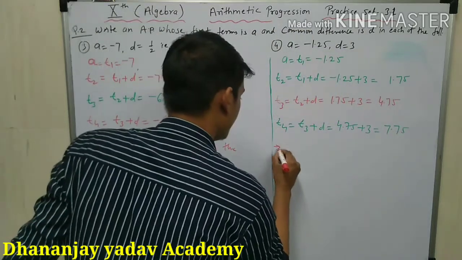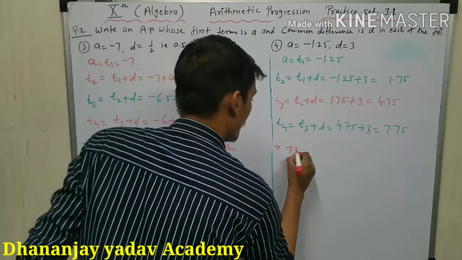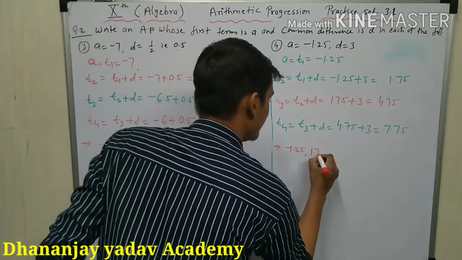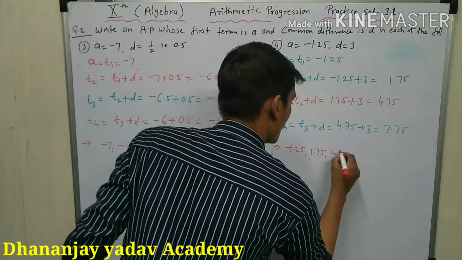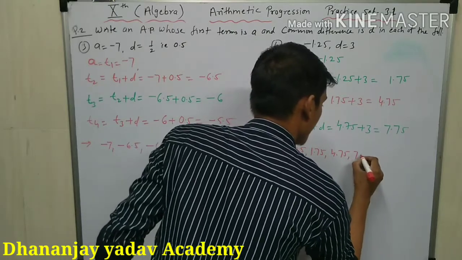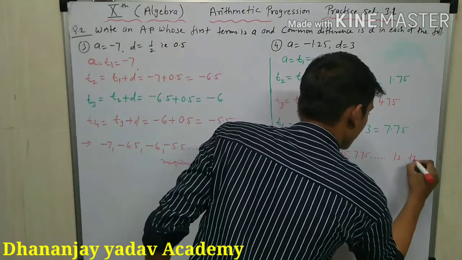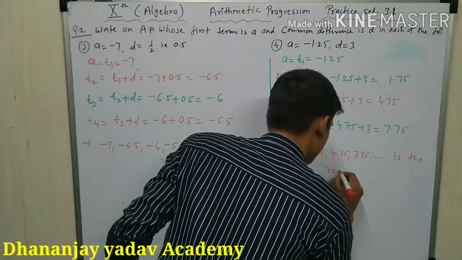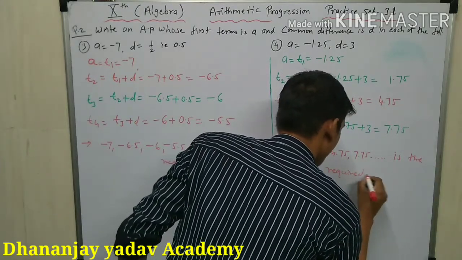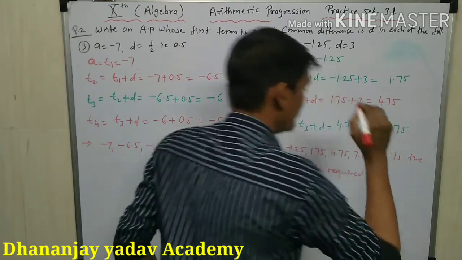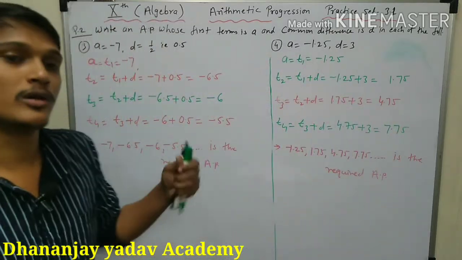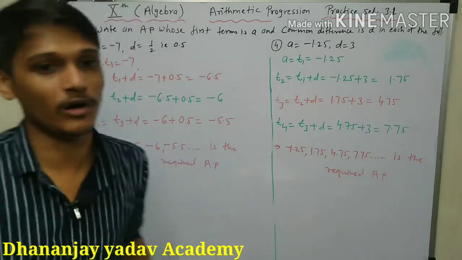Now you can write here: minus 1.25, 1.75, 4.75, 7.75, dot dot dot is the required AP. Understood? Now questions 5 and 6 you can solve.